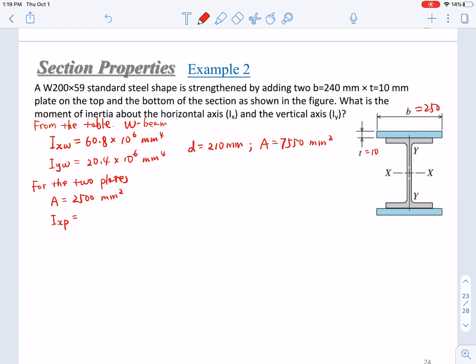Then Ixp equals what? Ixp, shown here, the local x-axis.